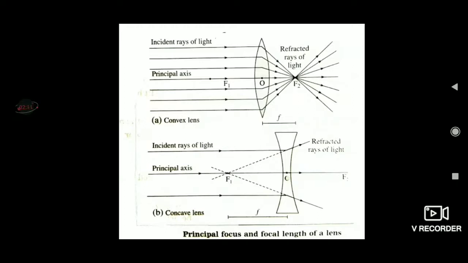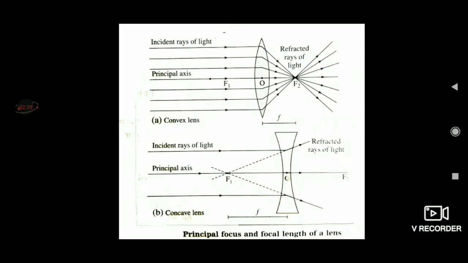If we pass parallel rays from the opposite surface of the lens, we'll get another principal focus on the opposite side, and letter F is usually used to represent principal focus. However, a lens has two principal foci. They are represented by F1 and F2.